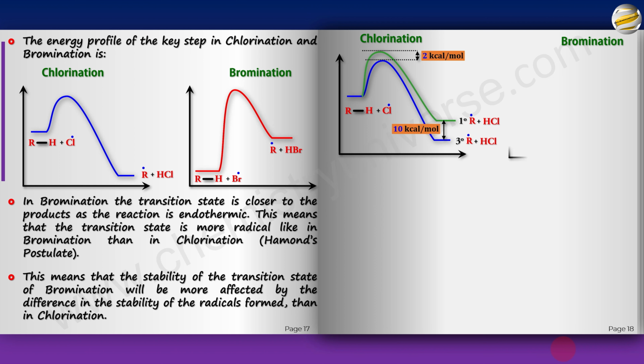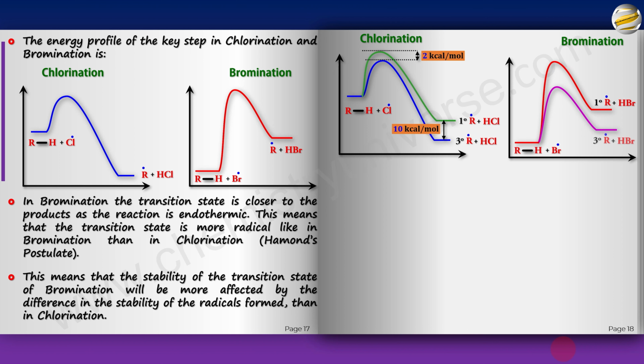Whereas in bromination, if you look at this and this, the pink one is tertiary, the red one is primary. Can you see the TS is more radical like? So if the radical difference is 10 kcal, and let's say it is 80% radical like, wouldn't it be 8 kcal?